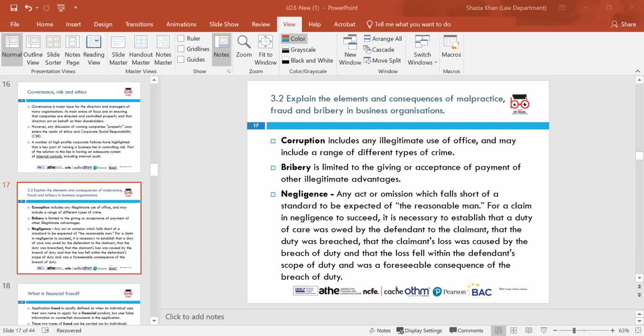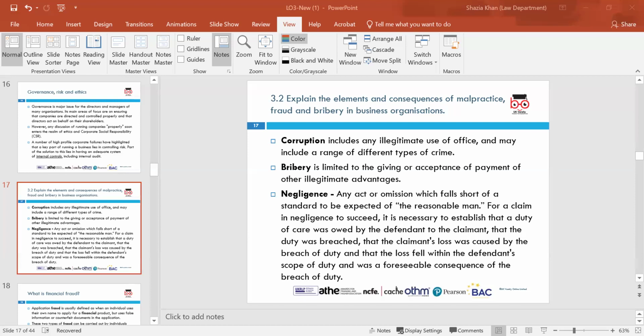The Act itself defines bribery as offering, promising, giving, or asking for an advantage, which is financial or otherwise, to influence someone improperly in performing a relevant function or activity. So it's a criminal offence, and it can occur in domestic or foreign settings.